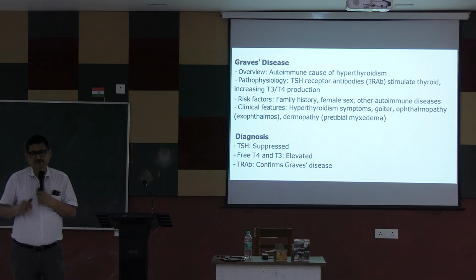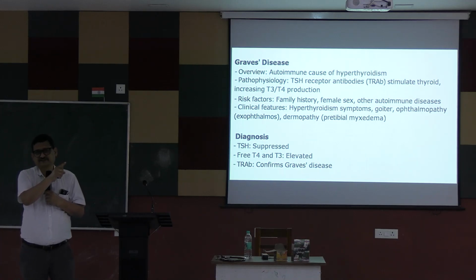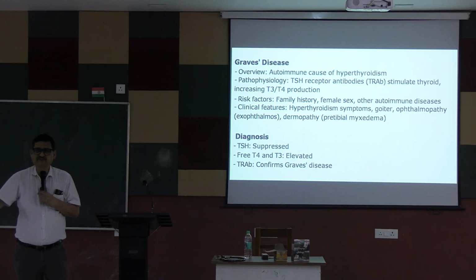So this is very important, because this autoimmune thyroid disorder is a broad spectrum. When you are seeing the patient is the most important. You may be seeing a patient in a normal, euthyroid state, but the patient is having the problem.